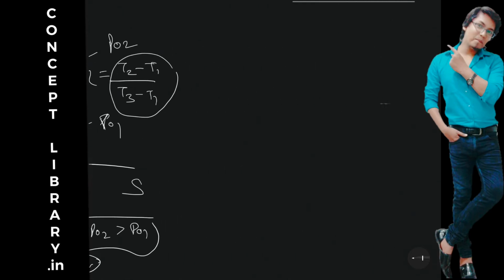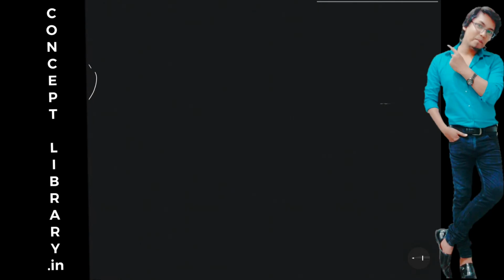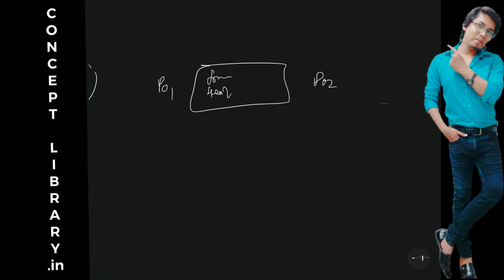Now I will explain. If we have any actual compressor, then there will be irreversibility in the device. Irreversibility means there will be friction and heat transfer. Suppose to compress the air from P01 to P02, in the ideal case, you want 100 joule of work per second.